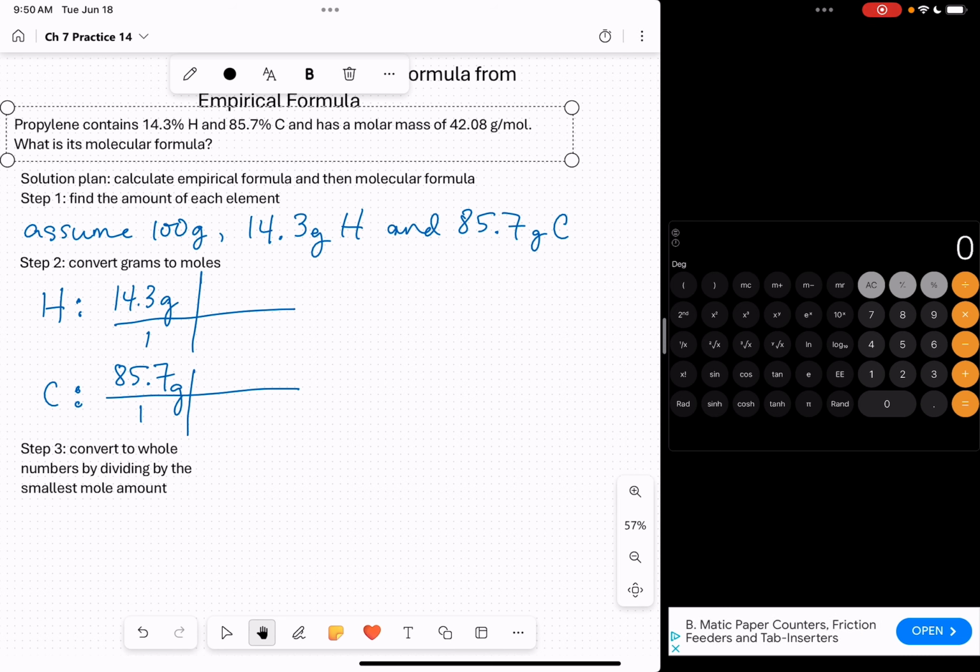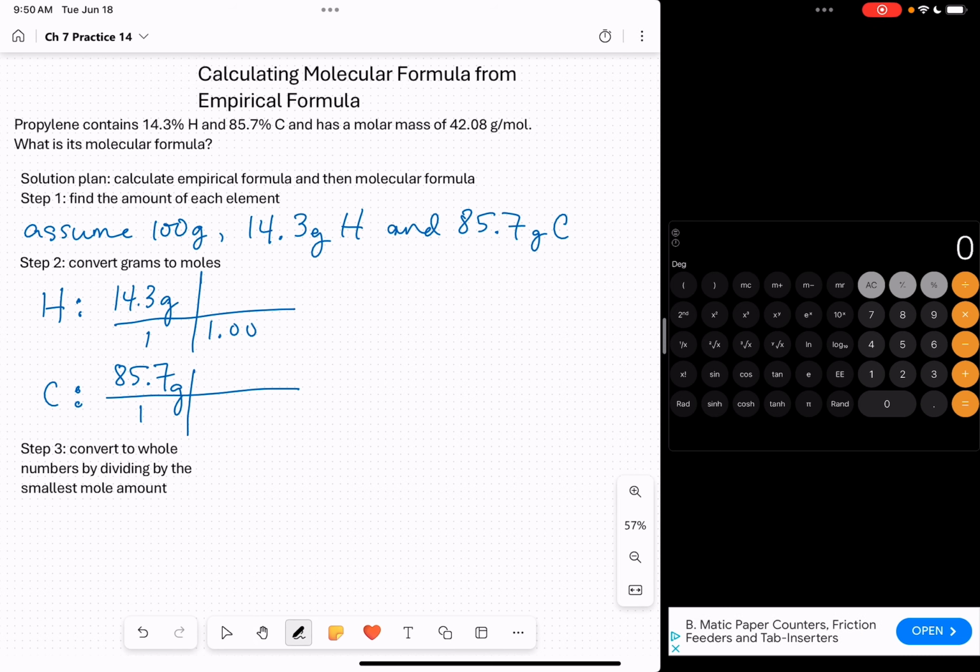The molar mass of hydrogen from the periodic table is 1.008 grams per mole. The molar mass of carbon is 12.01 grams per mole. We have it set up so that grams cancels and we're left with moles.